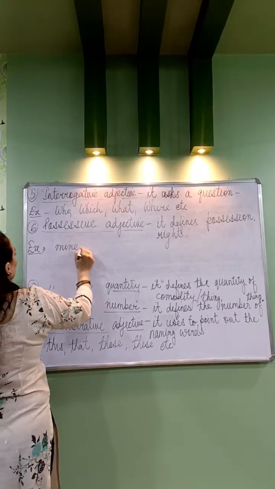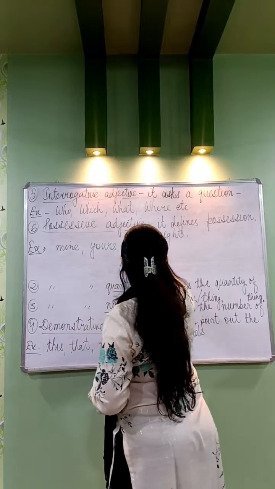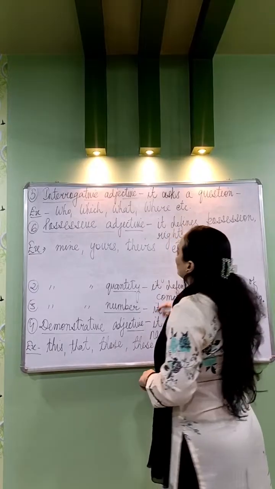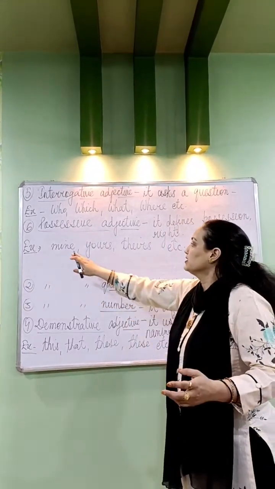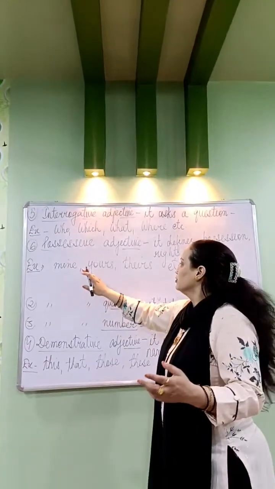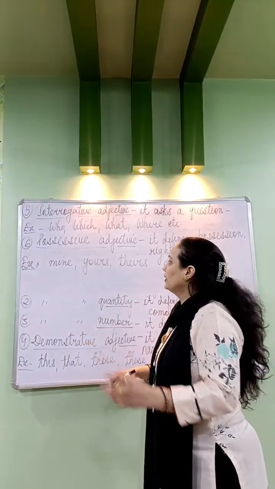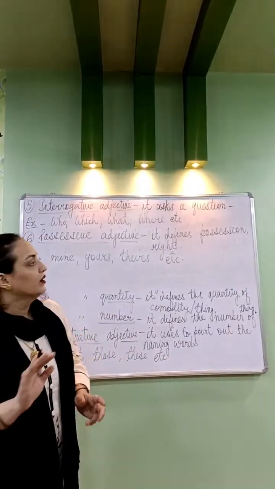Mine, yours, theirs, etc. Like we say, it is their house, ये उनका घर है. It is mine, ये मेरा है. जहाँ हम अपना अधिकार बताते हैं. Yours, this is yours book. Okay? So these are the possessive adjectives.